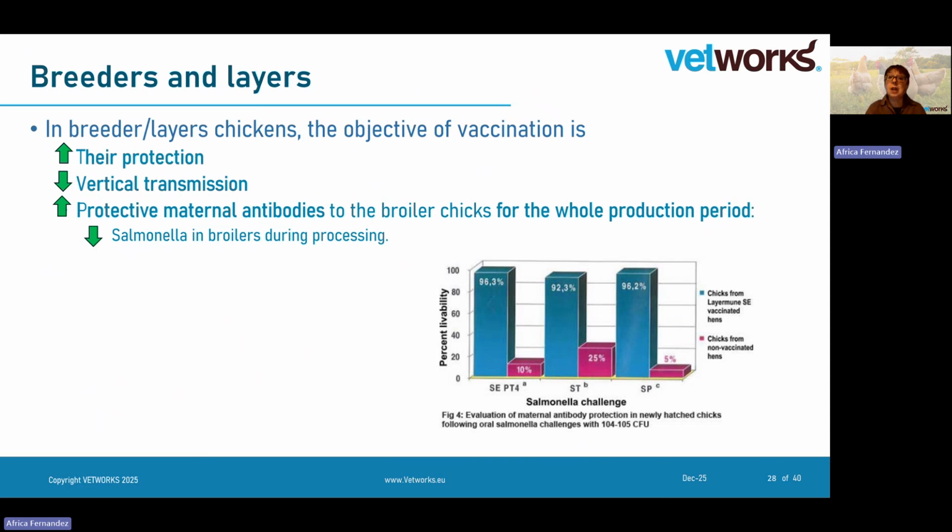So we will have broilers with less contamination with Salmonella going to the chicken farms, and in countries, for instance Saudi Arabia, where broilers are processed very young, there is a good chance that in this context vaccination is extremely useful.